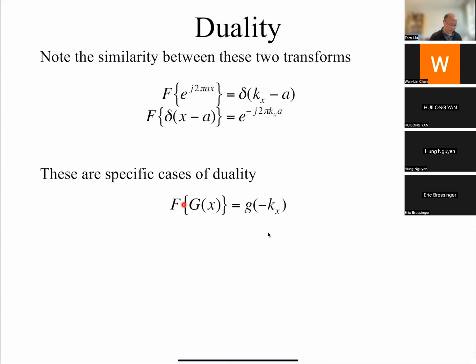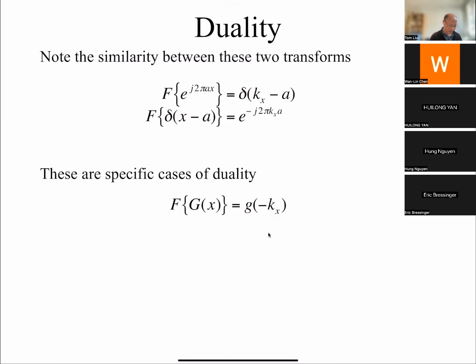This is an example of duality. If I take the Fourier transform of delta of kx minus a, of delta of x minus a, then it just equals g of minus kx, okay?